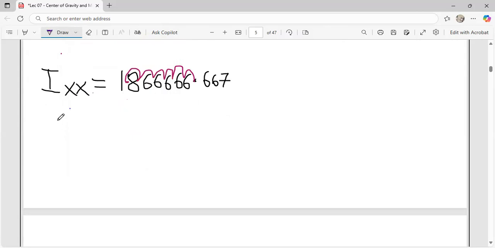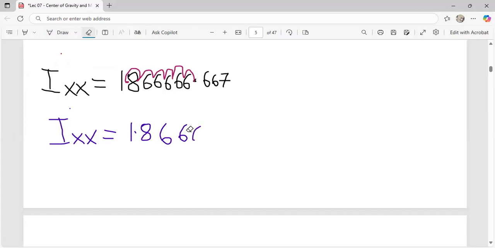This is now going to be equal to 4.8667. I can just choose to write 4 decimal places for precision purposes.